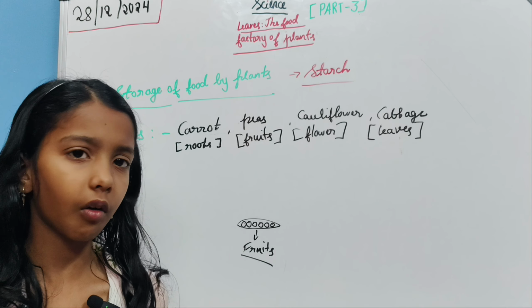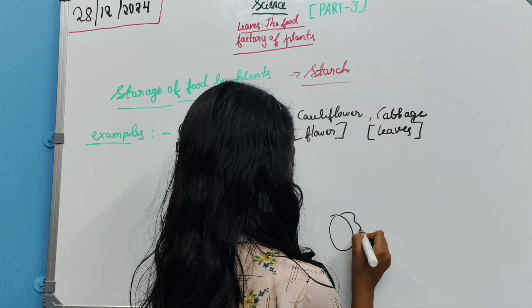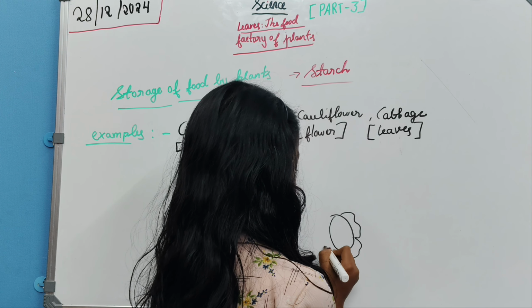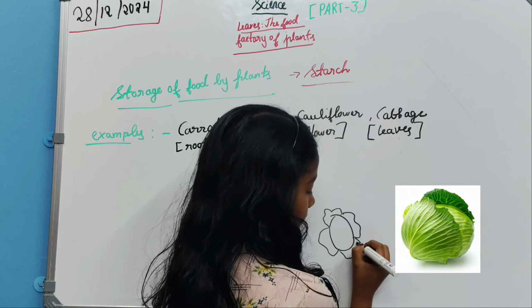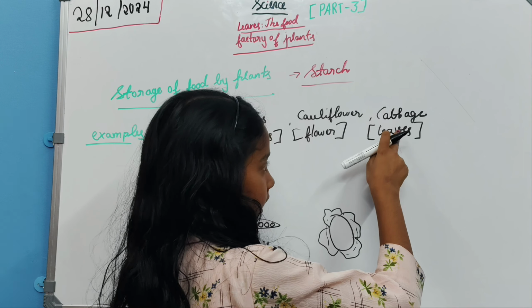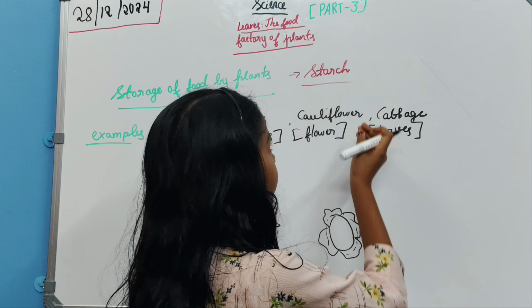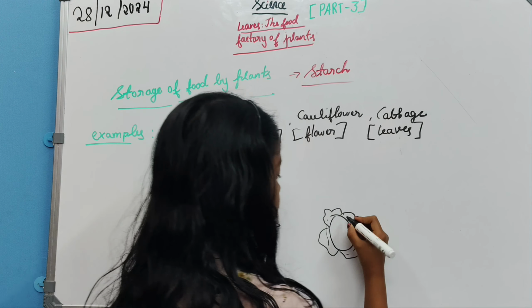Cabbage is fully made of leaves, right? Think of a cabbage, and the sides are the leaves. Those leaves store the food in the form of starch.